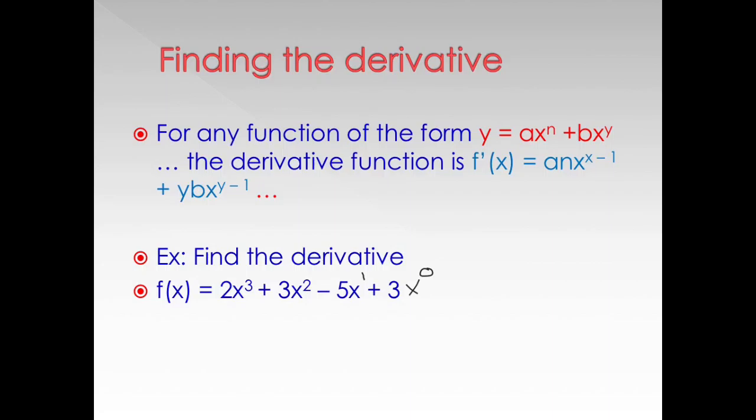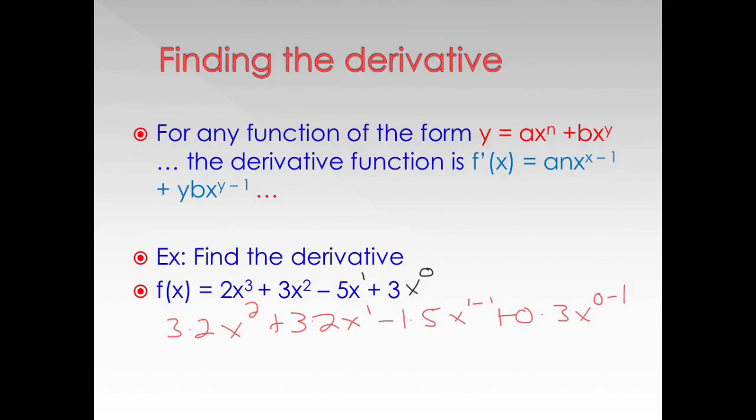So when we use our power rule, again the exponent comes to the front, giving us 3 times 2 x to the 2nd, plus 3 times 2x to the 1st, minus 1 times 5 x to the 1 minus 1, and then plus 0 times 3x to the 0 minus 1.